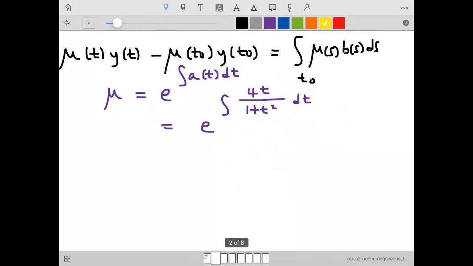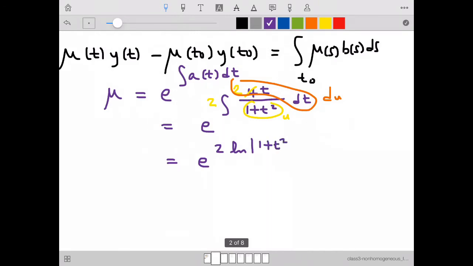If I take that as u, then the derivative is 2t dt. So instead of 4, I'm going to look at 2 times 2. So that is du. So we get e to the 2 ln absolute value of 1 plus t squared, absolute value of u, plus c.